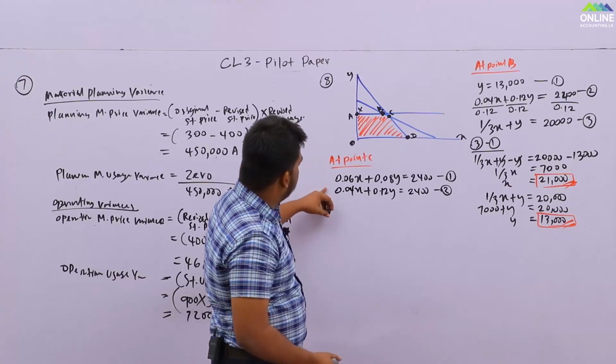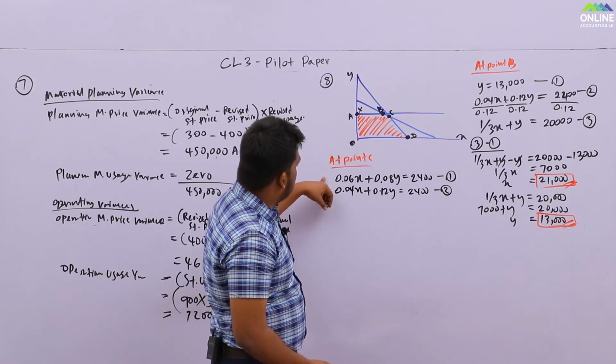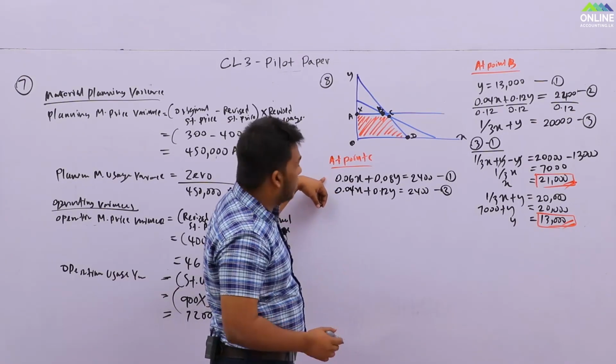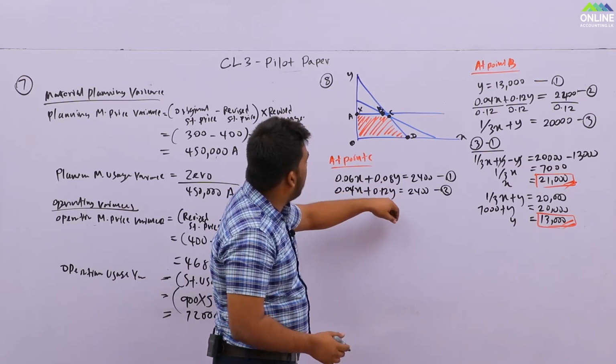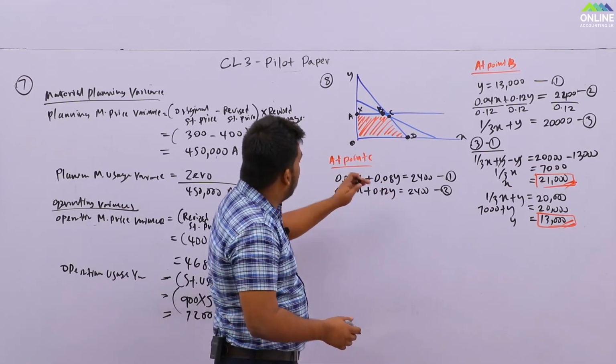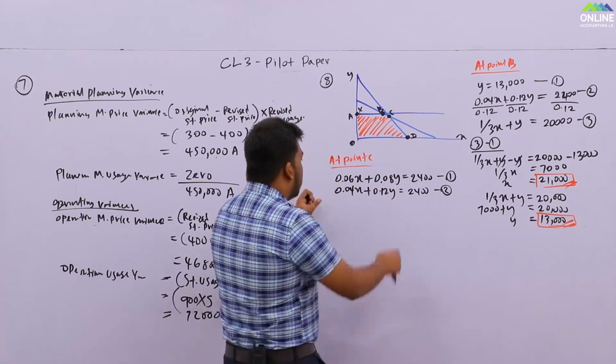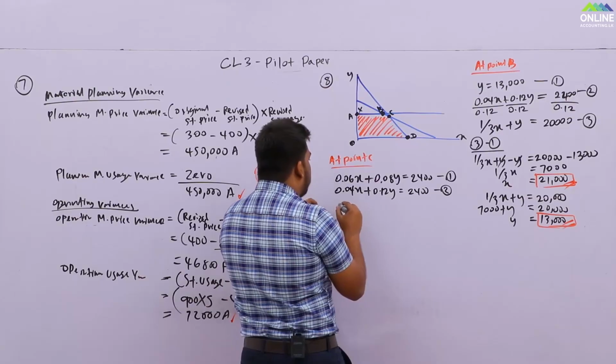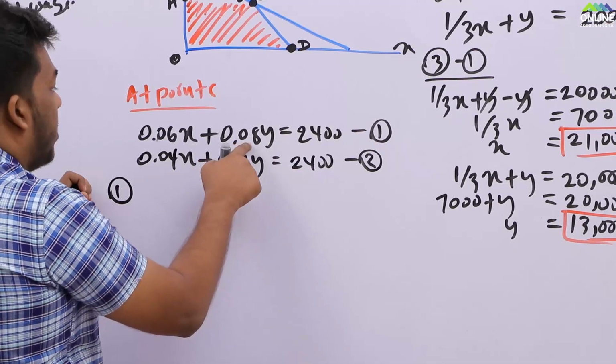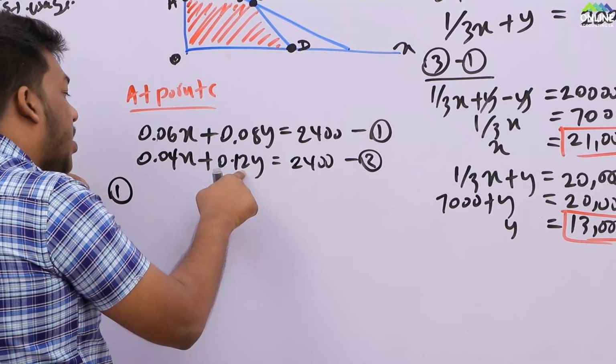Now can you do this question? You cannot. Here it is 0.08y, here 0.12y. So you have to remove one y or one x to get the answer. How to do this? Convert this to this. This is 0.08, no? How to convert it to 0.12?